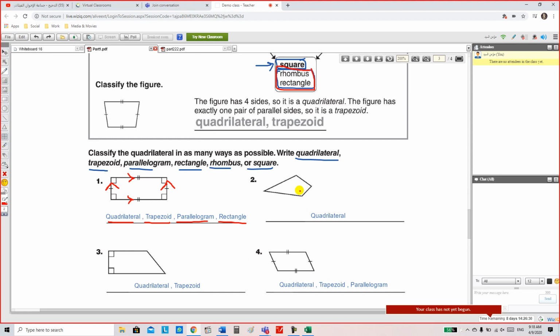The next one, number two. Firstly, count the number of sides. We have four sides, so we can write it as quadrilateral. And we ask ourselves, is there any two opposite pair are parallel to each other? No, because by the definition of parallelism, two sides that are parallel never intersect each other.